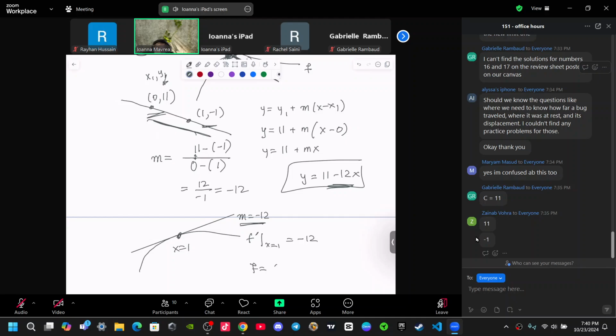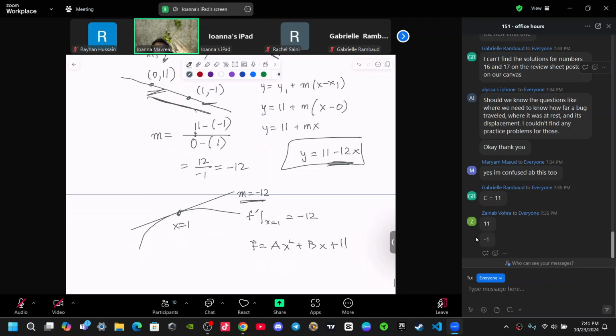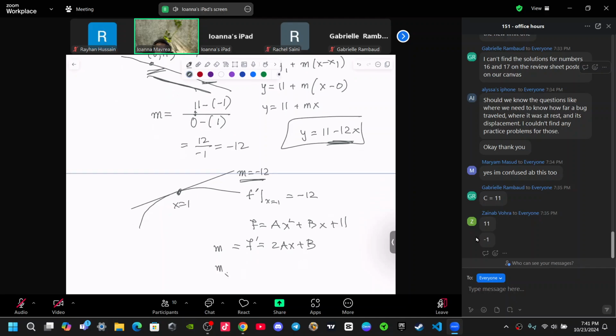The function was ax squared plus bx plus 11. The derivative of the function, which is the slope of the tangent, is 2ax plus b. And the derivative, when you plug in x equal 1, should be negative 12. So let's plug in x equal 1. So 2a plus b must be negative 12.